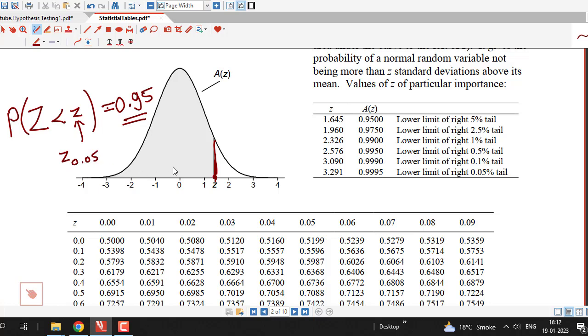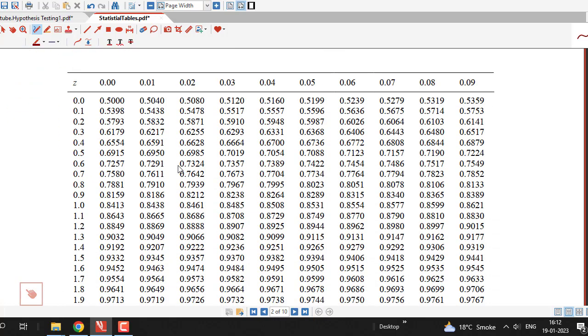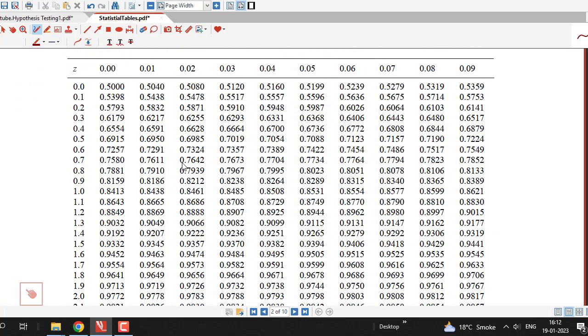Here you can see I have 0.9505 and 0.9495, both equal to 0.95 if we round off to 2 decimal places. So we will take the average of the corresponding Z values.